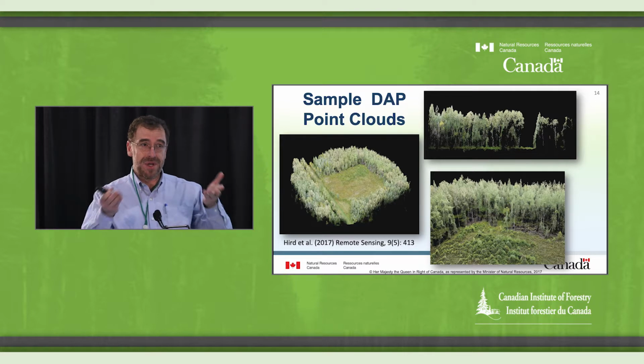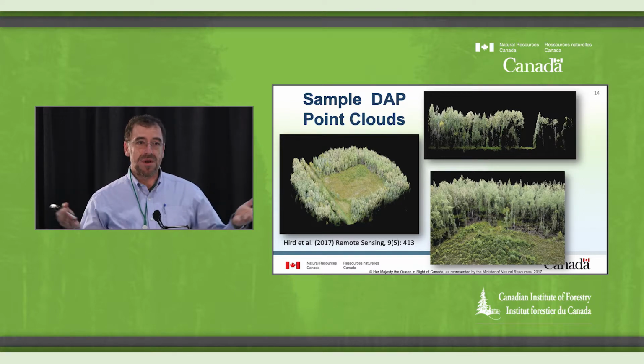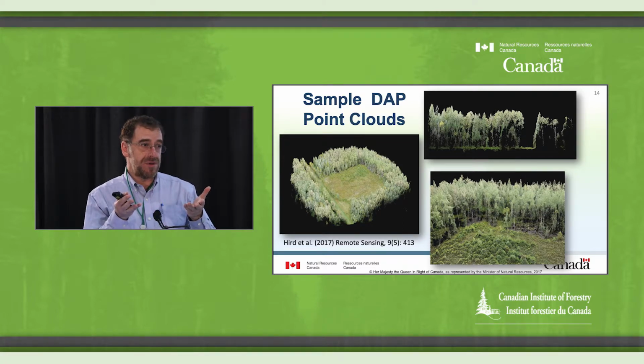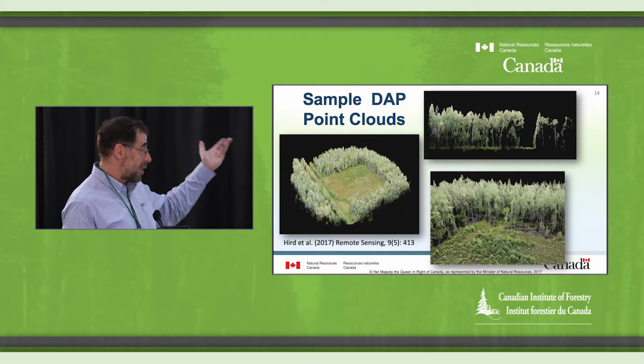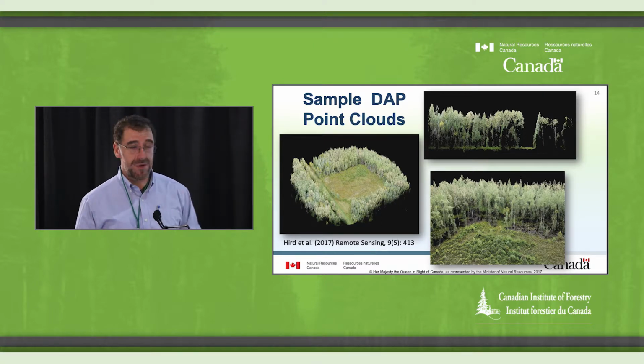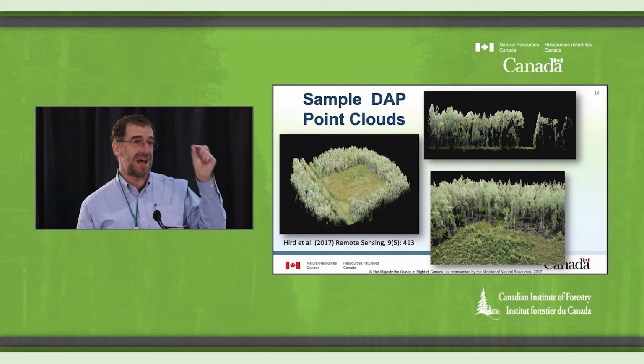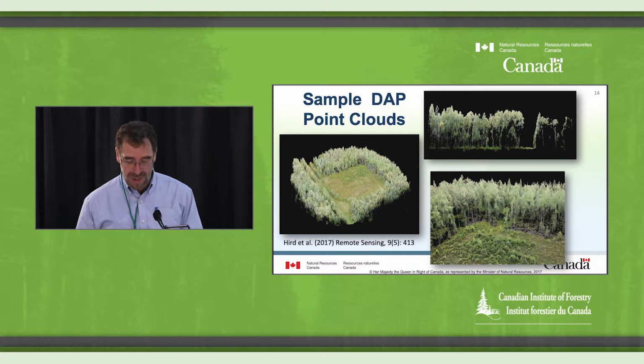Basically you bring all your photos and the software is going to align them, even if you didn't have location information in your photos, and convert them into a 3D model. One advantage of these point clouds compared to LiDAR is that each point has a color. So you can use this information for classification and other purposes.